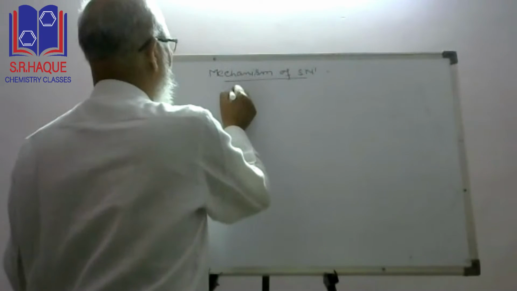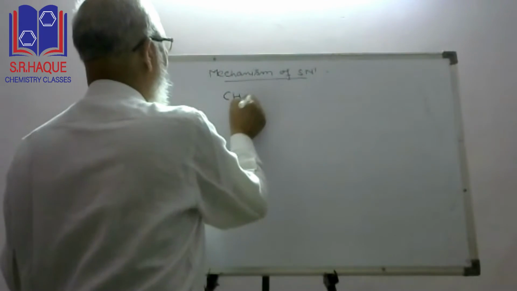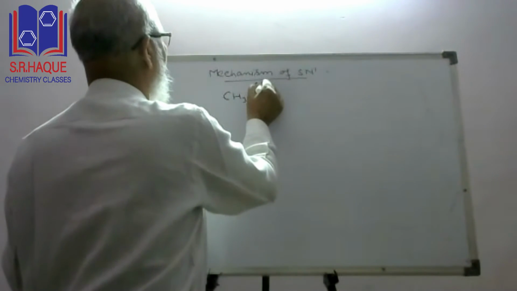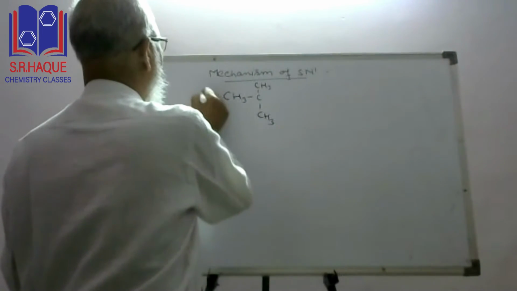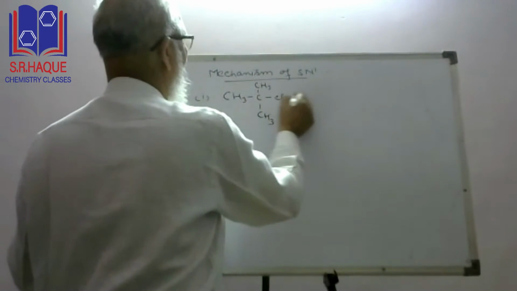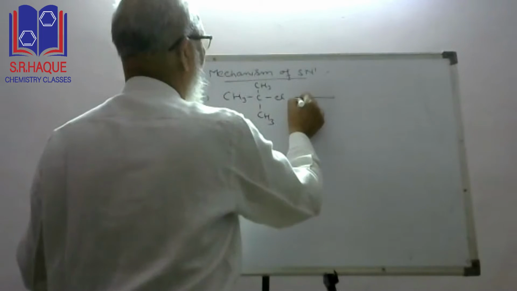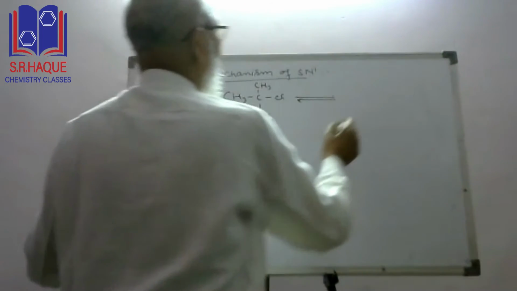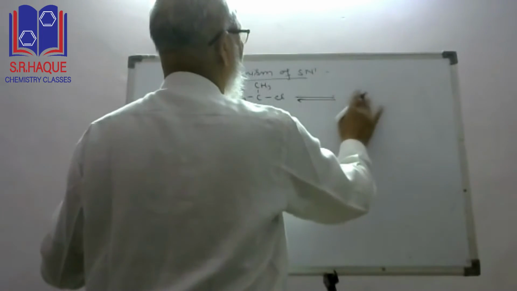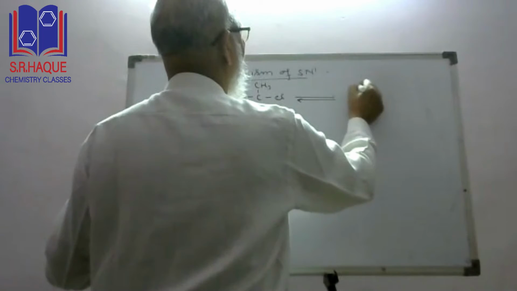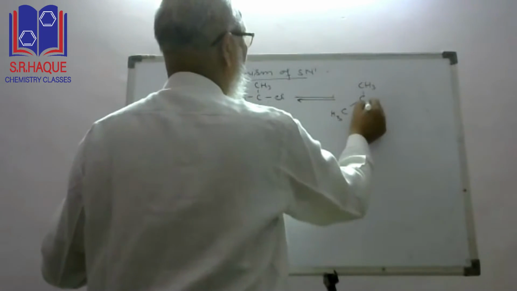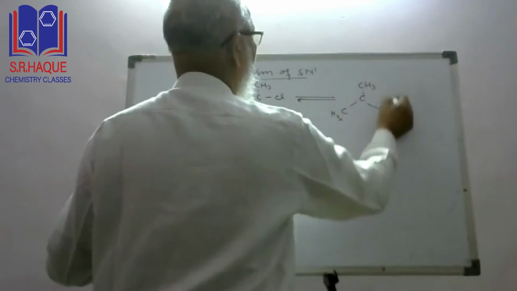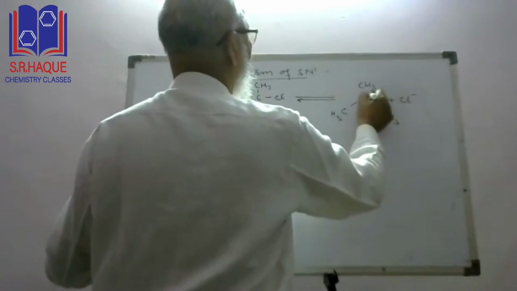So the first step is ionization of the alkyl halide. This will give you (CH3)3C plus and Cl minus.